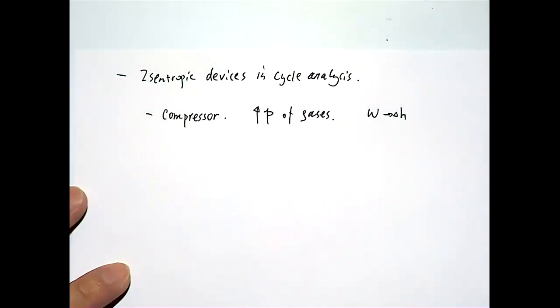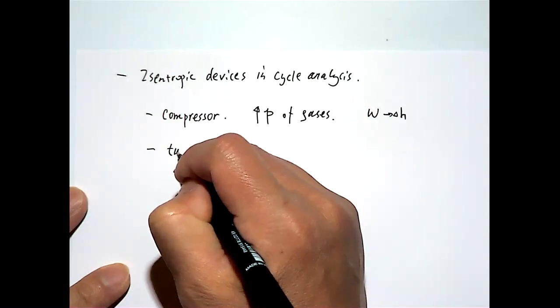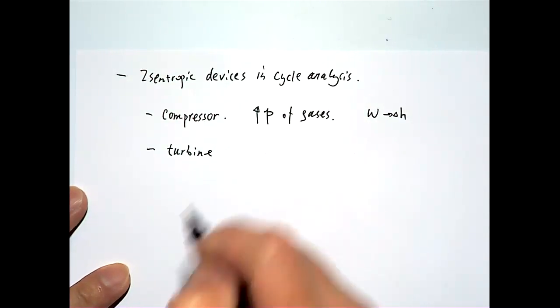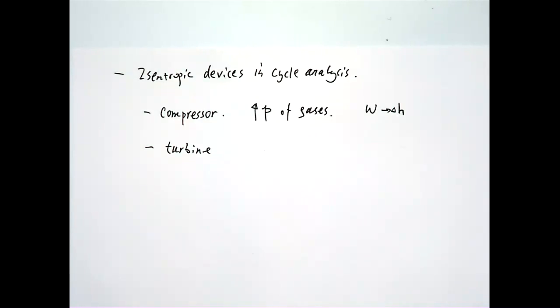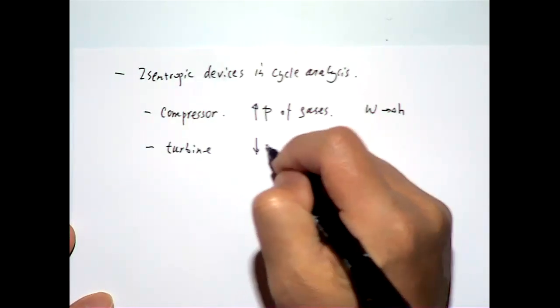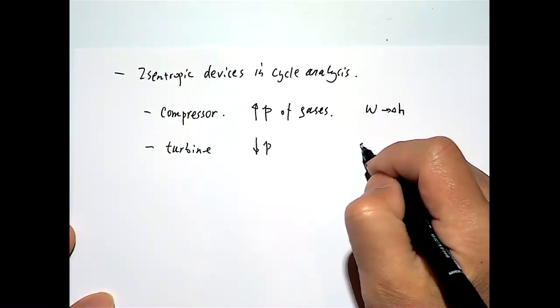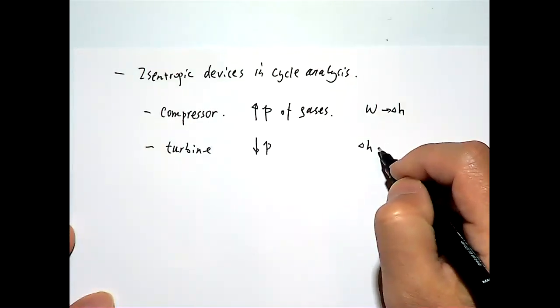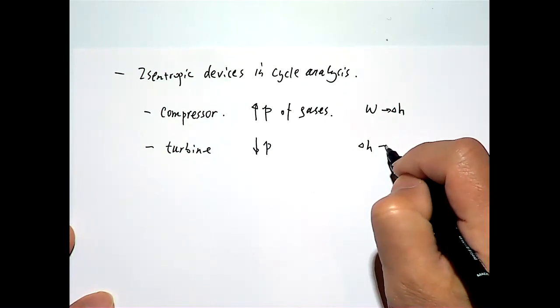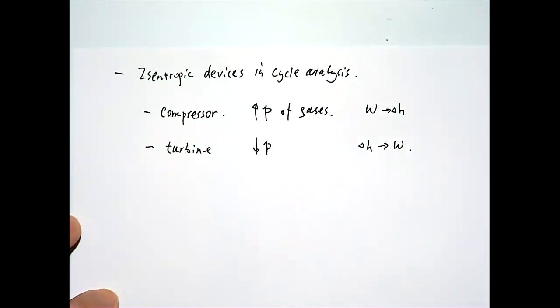All right, the other one is called a turbine, where, if the process is ideal, the process going through it is also isentropic. You can consider the turbine the opposite of the compressor. A turbine is a process where the pressure of the gas is dropped, and in that process, the enthalpy of the gas is converted to useful work.